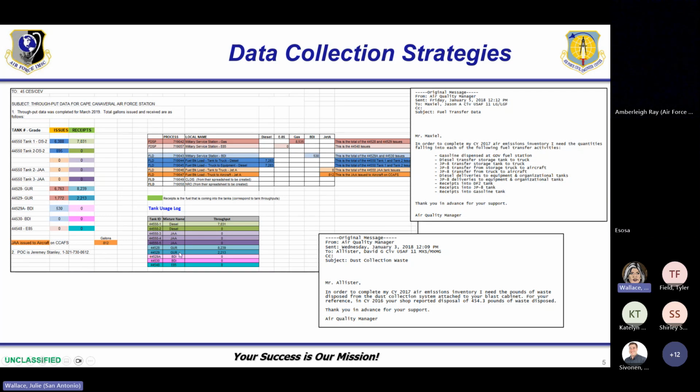And at that point in time, then you can say, okay, I know if I'm getting this number from them, it means this to me. So I know that the receipts is really the throughput, right? So you can see how we've done that. Now the issues are going to be your loading and dispensing, okay?